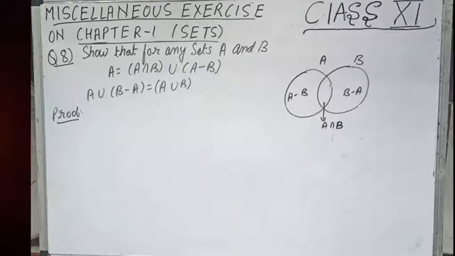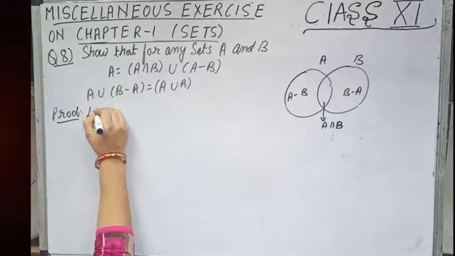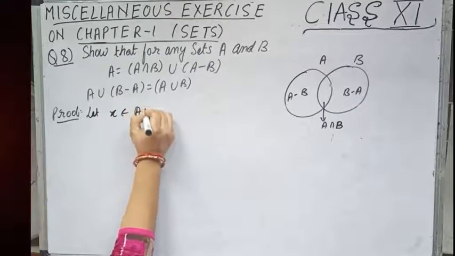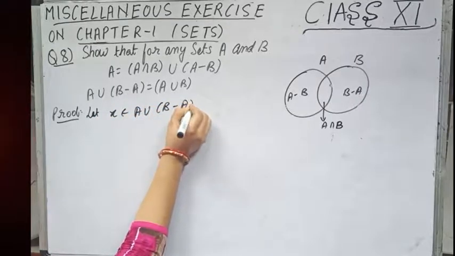Now children, let us move to the second part of question number 8. Let x belong to A union (B minus A).